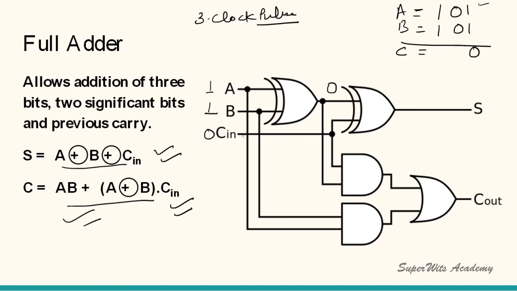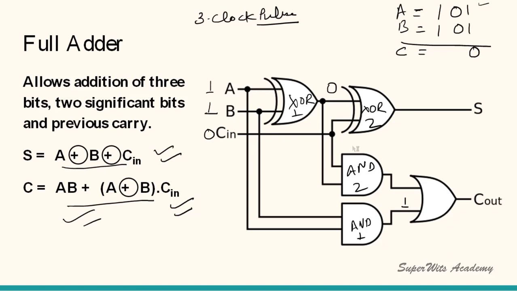Let me give the gates numbers: AND 1, AND 2, XOR 1 and XOR 2. XOR 1 is producing low, but because both inputs to AND 1 are high, AND 1 will produce high. So the first level is completed for the half adder.